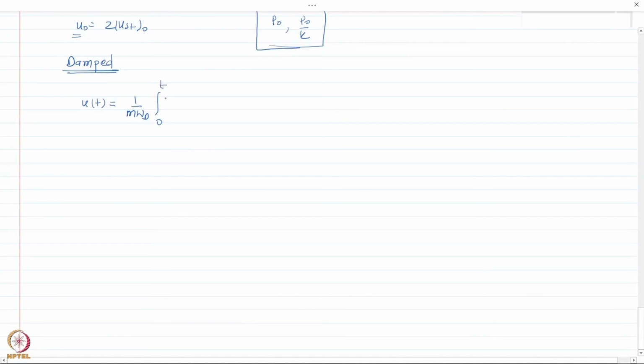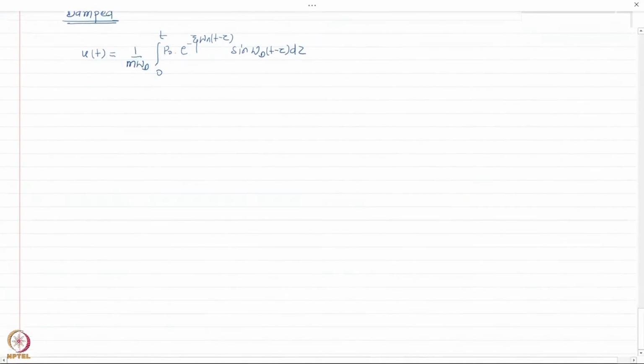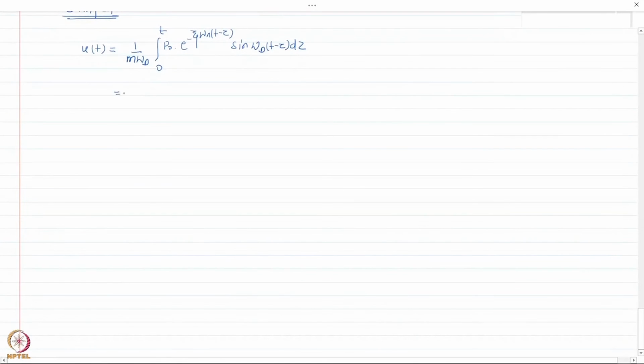Remember, p of tau would be p naught here. So I'm writing p naught times e to the power minus zeta omega n (t minus tau), and then I have the second term here. If you go about integrating this function, it gets a little bit tricky. While you can still find it, it might not be the best possible way to go about it. So let me just write down the final solution for this.